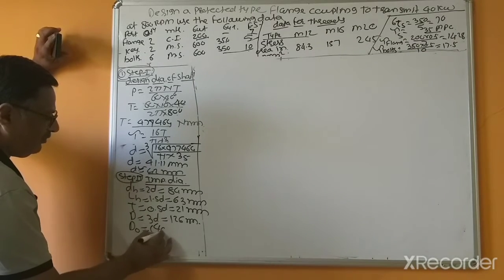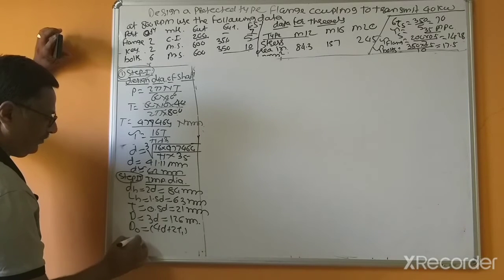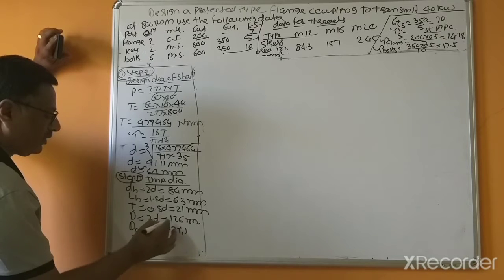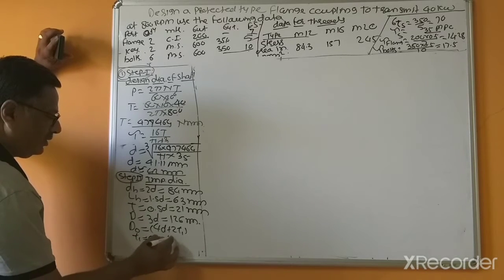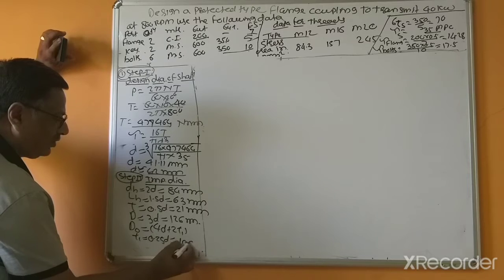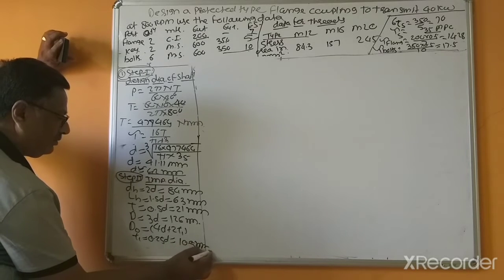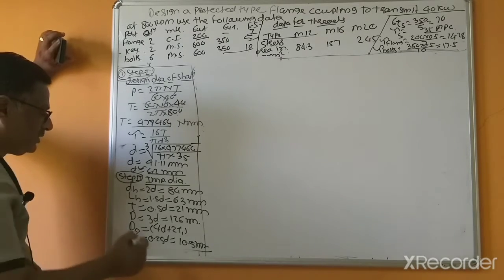So use the formula 4D plus 2T1, and small t1 equal to 0.25 D. That's why this is 21, means this is 10.5 mm. Right, 10.5 mm.